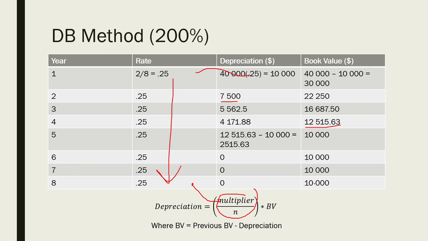Therefore, it has to end with $10,000 down here. So in order to calculate depreciation, you just take this 12,515, subtract the 10,000 that you know you will always be able to sell for, and you get $2,515.63 depreciation in year 5, and then 0 in these 3 years, because it'll never go below $10,000.